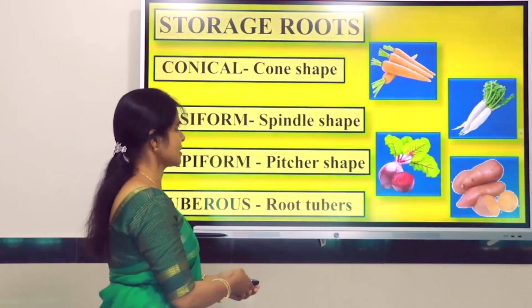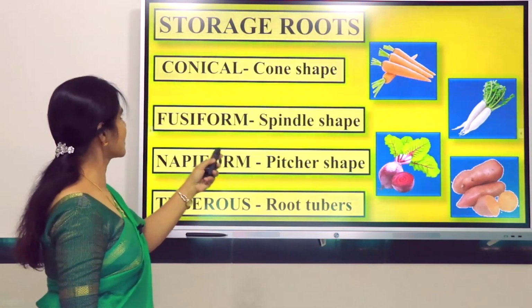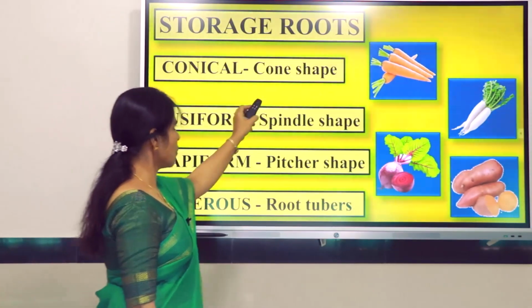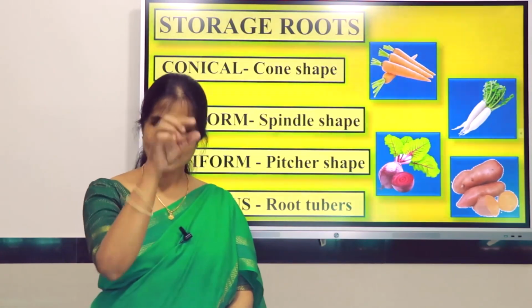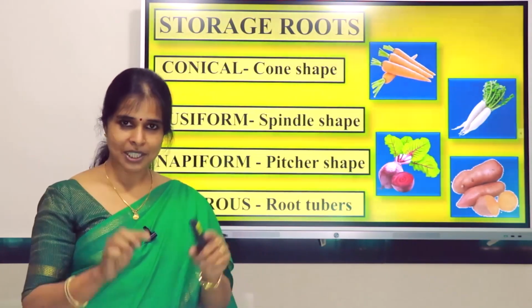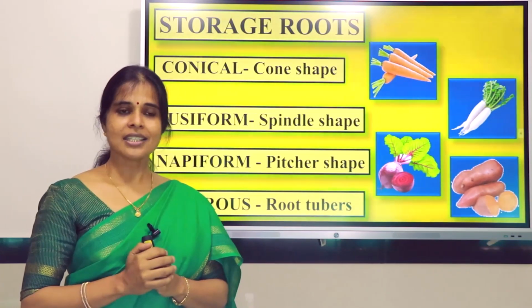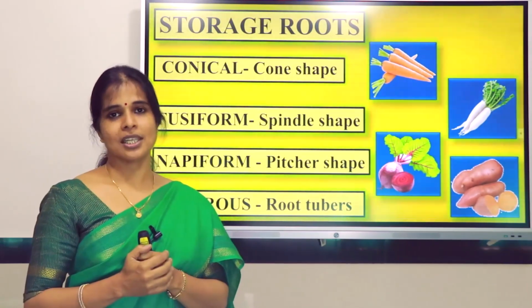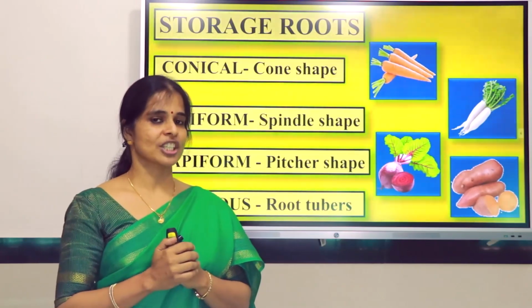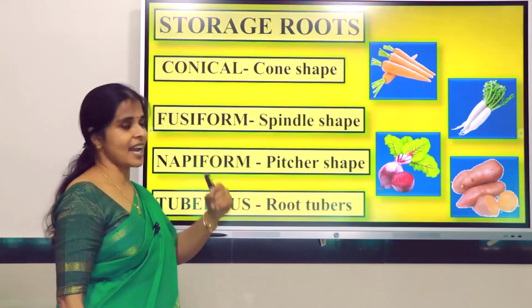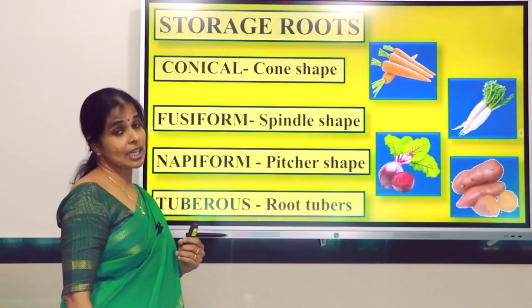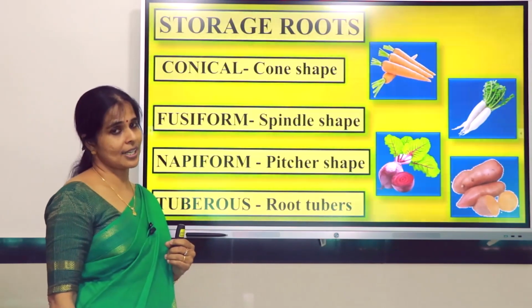The root develops into a cone shape, and inside this cone-shaped root it stores the excess food prepared by the plant. The carrot has a root known as a conical root.